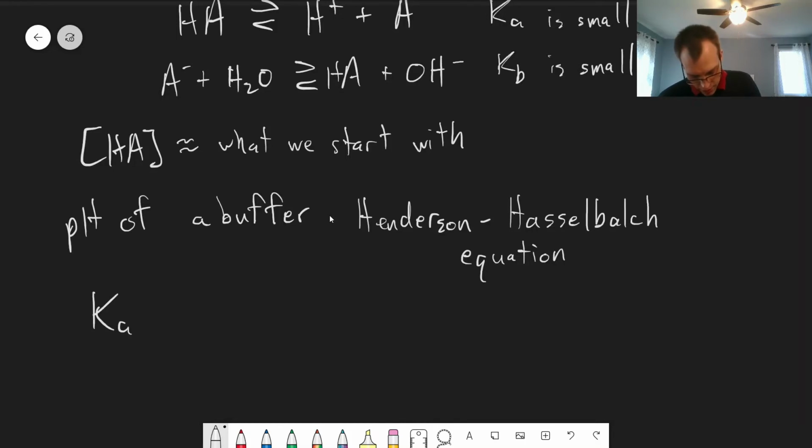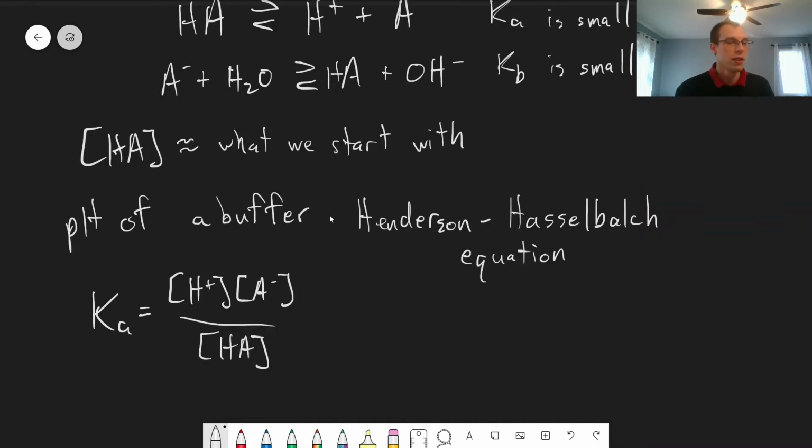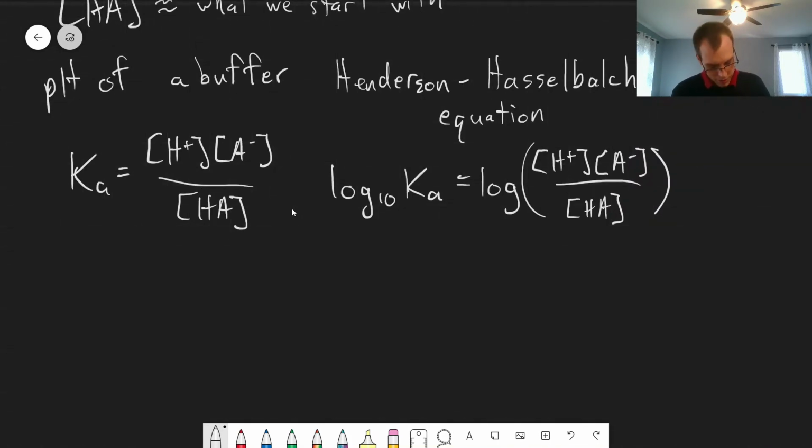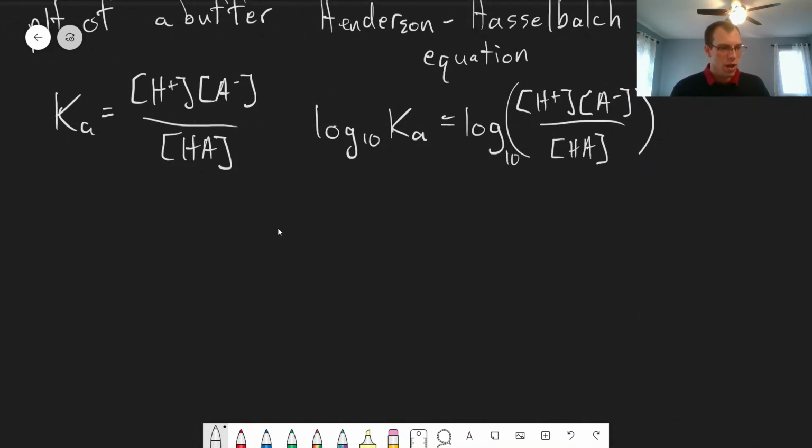So we know that Ka is equal to the concentration of H plus times concentration of A- divided by the concentration of HA. That's just the definition of Ka that we've been using. So let's take the log base 10 of both sides. So we'll get log 10 of Ka is equal to the log of this whole fraction. Now we can start using mathematical definitions here to rearrange this equation.